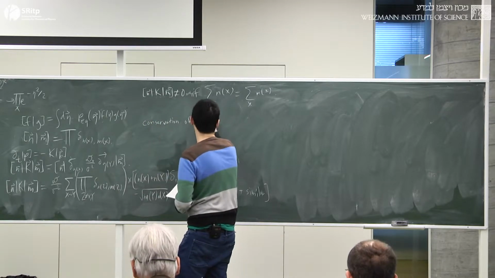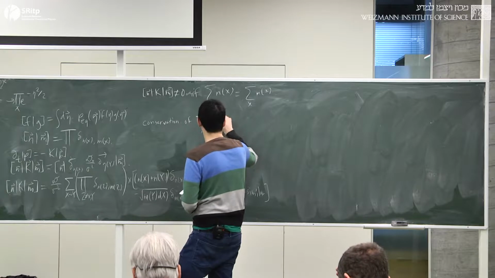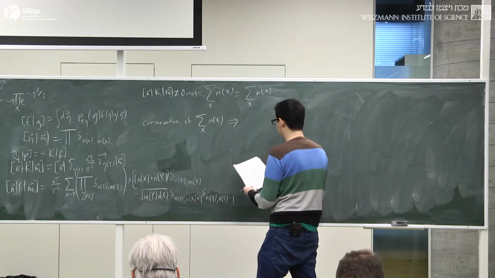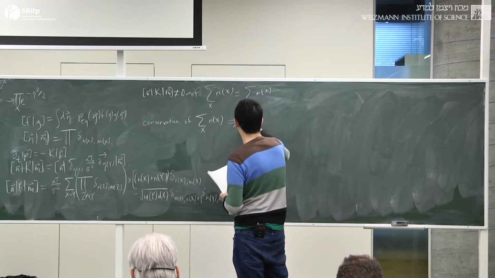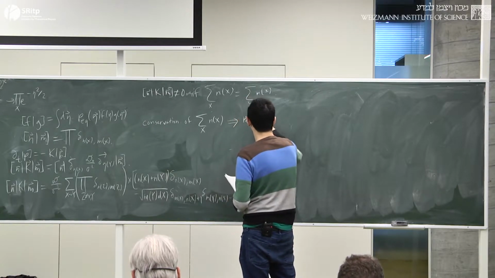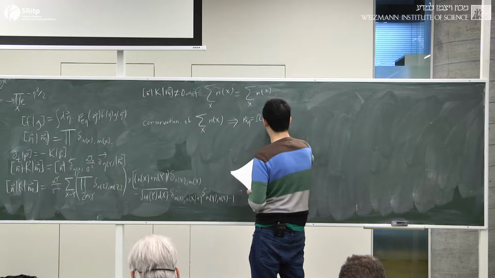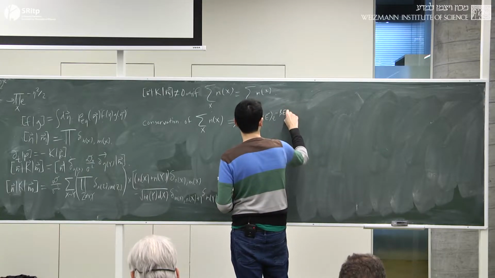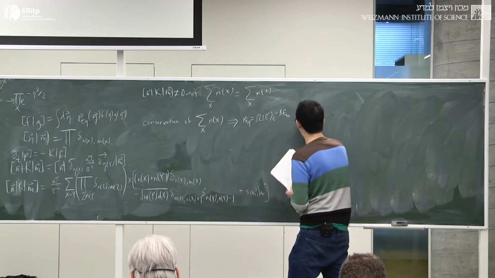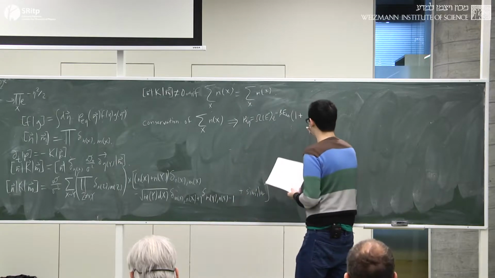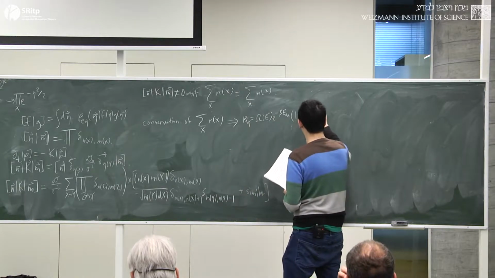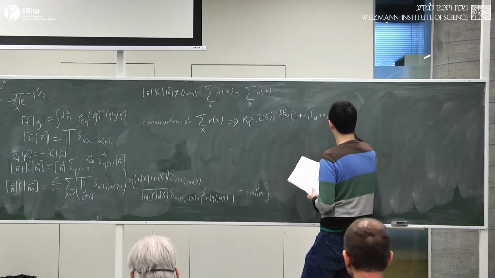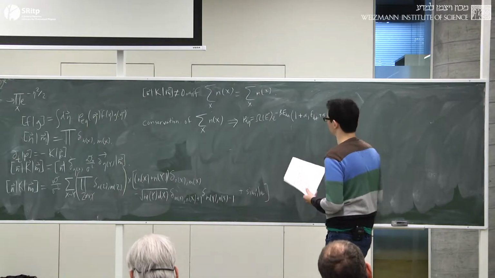The conservation of the sum over x of n of x basically corresponds to the fact that, as you'll recall, I could find a steady state for a very broad class of functions. One class of function I could consider is the following: I could take 1, add to it some A1 times the total energy, A2 times total energy squared, and so on.